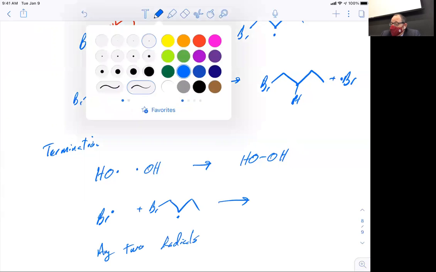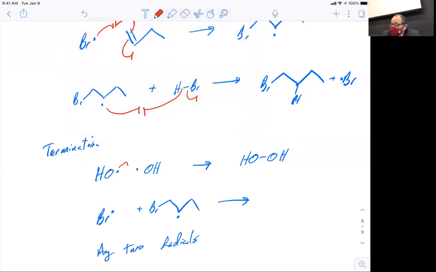Okay, and in this one, right, there's a bunch of ways to think about this one. So we could have just had the hydrogen peroxide pop back together. We could have the bromine radical react with the carbon radical. Any two radicals that terminate, right, stops the reaction.